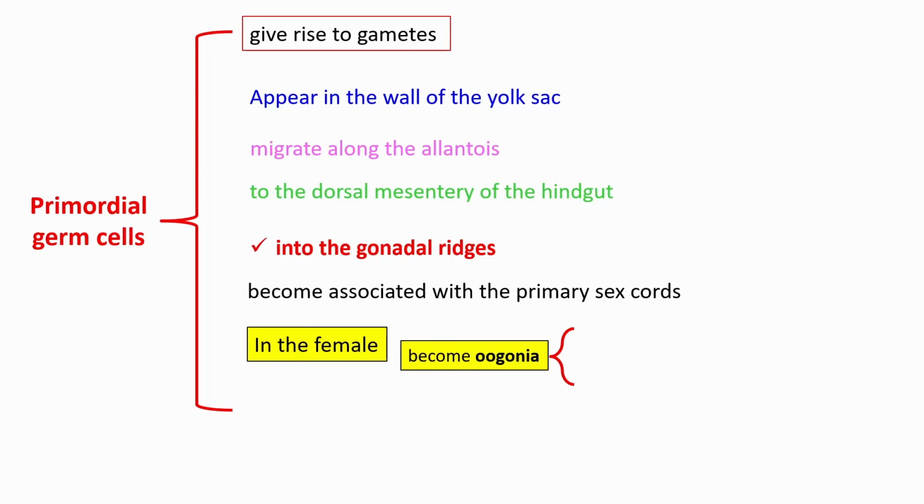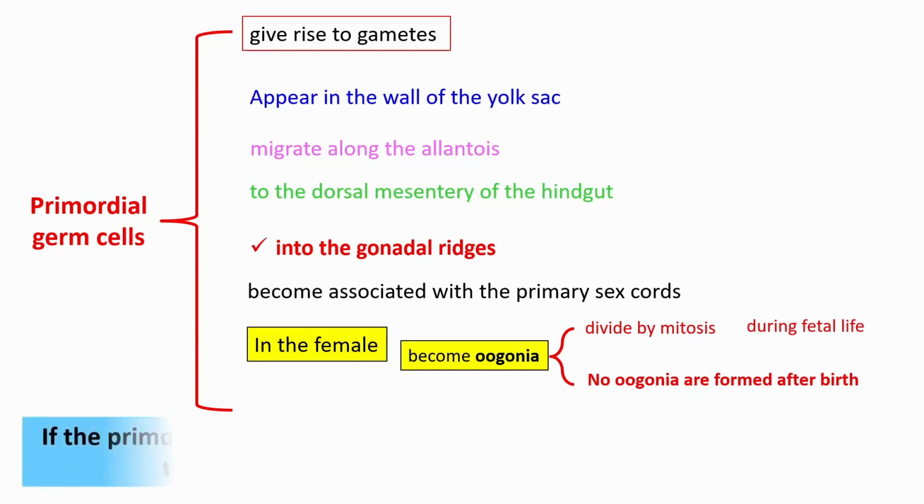They were primordial germ cells. In the female, they become what is called the oogonia. They develop a little step forward, and they divide by mitosis in the genital ridge during fetal life, and no oogonia are formed after birth. So that is a later event.